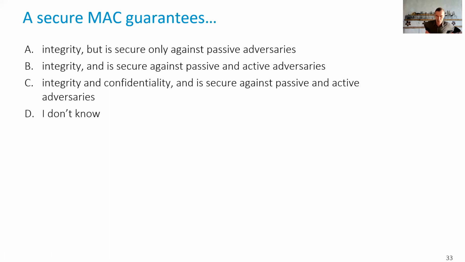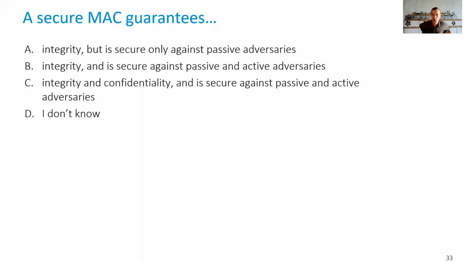Of course, implicit here is that a secure MAC guarantees in the sense of authentication. A secure MAC cannot guarantee confidentiality. Right? So it guarantees integrity, and the integrity is protected against passive and active adversaries. Guaranteeing integrity means guaranteeing that the message that you receive is indeed the message that was sent by the sender known to you.